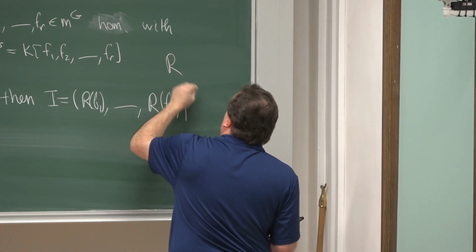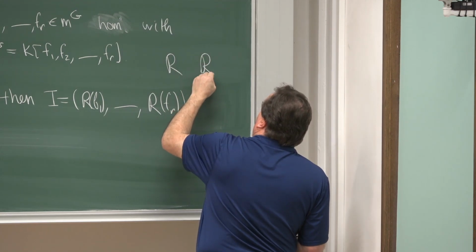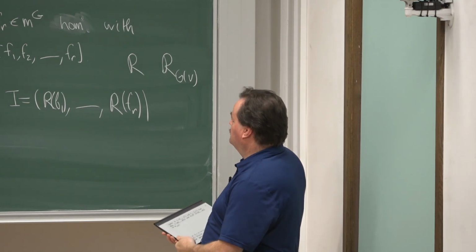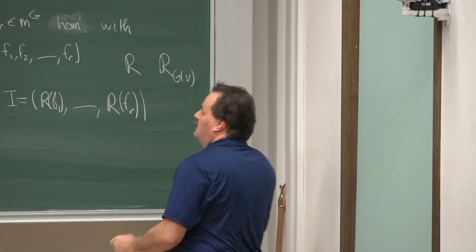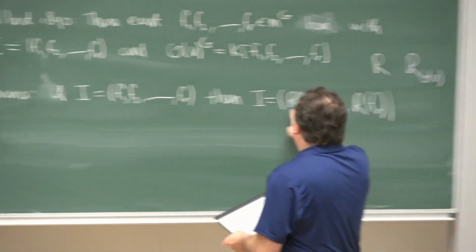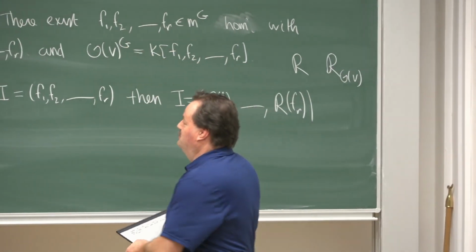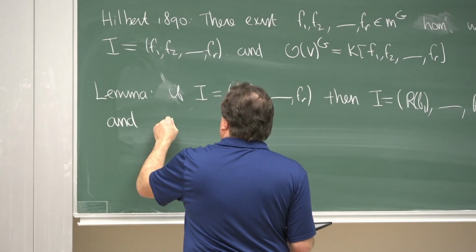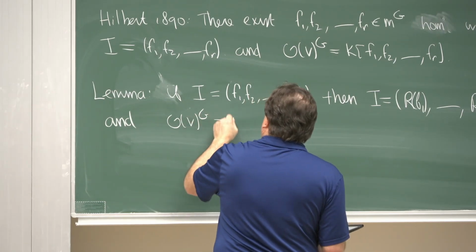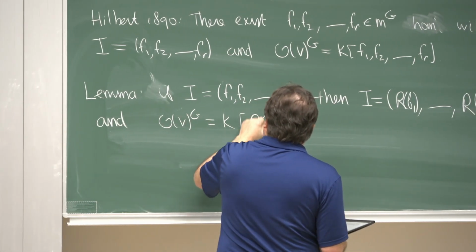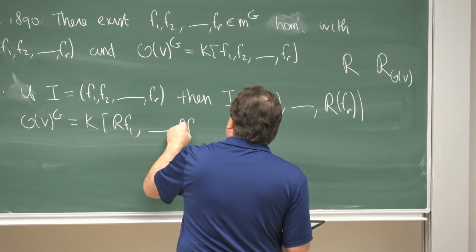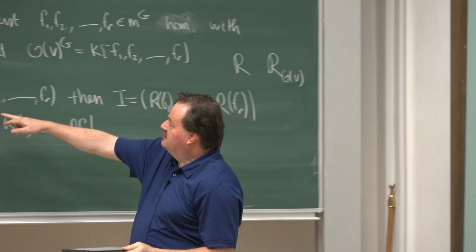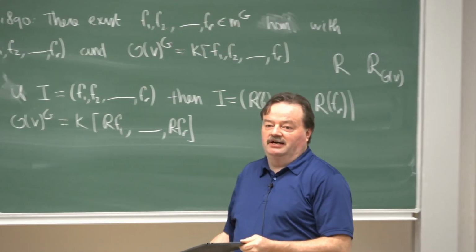I'm just going to write R instead of R_{O(V)} in notation. This is just how the Reynolds operator acts. And so now these are invariant, and by Hilbert's result, we have generators of the invariant ring. So the question is now, find generators of this ideal I.